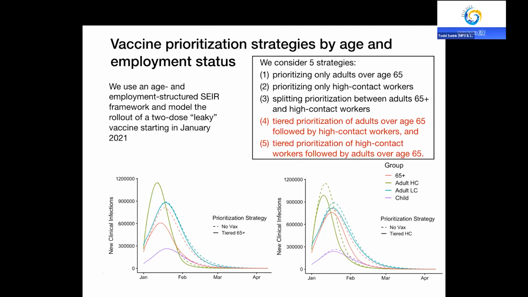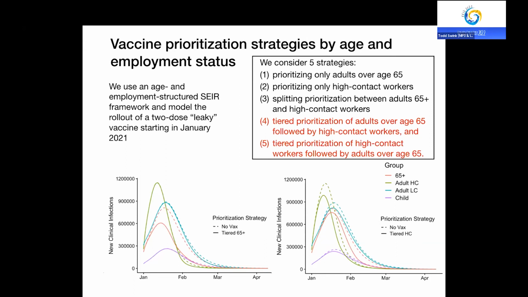There have been numerous studies showing that to reduce mortality, it makes the most sense to prioritize adults over age 65, given that we know mortality increases so starkly as we age. So a strategy that prioritizes adults over age 65 likely makes the most sense for reducing mortality.